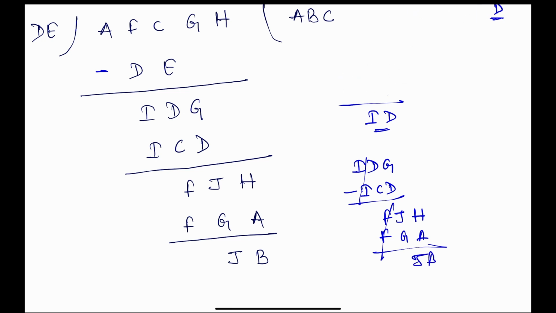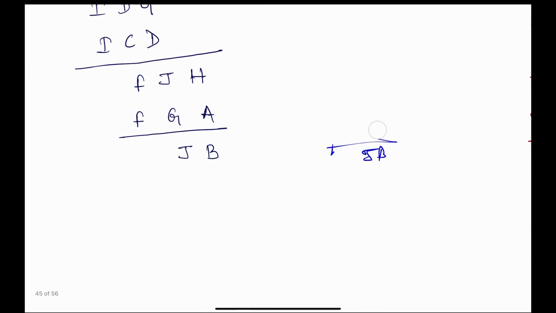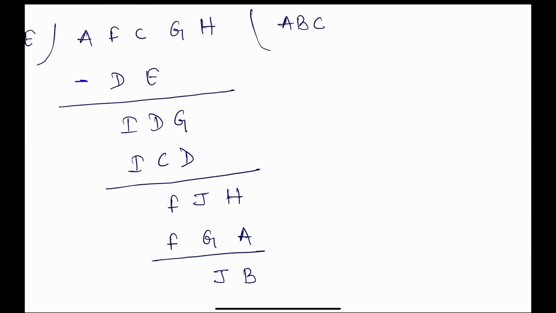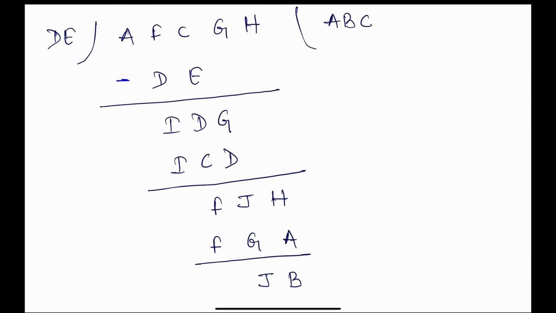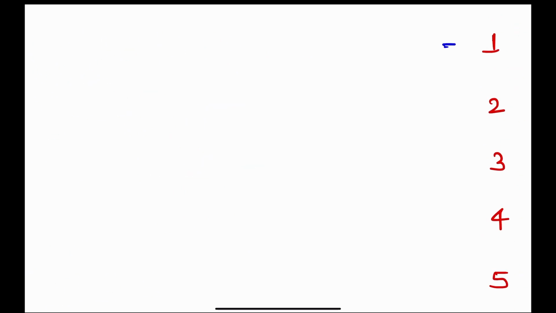So FF will go away, JB is there. So this is the understanding of the whole question, but let's now try to solve. First thing is, in this question, this DE when multiplied by A remains DE. So can we just say that the value of A is nothing but 1? This much is easy to understand.